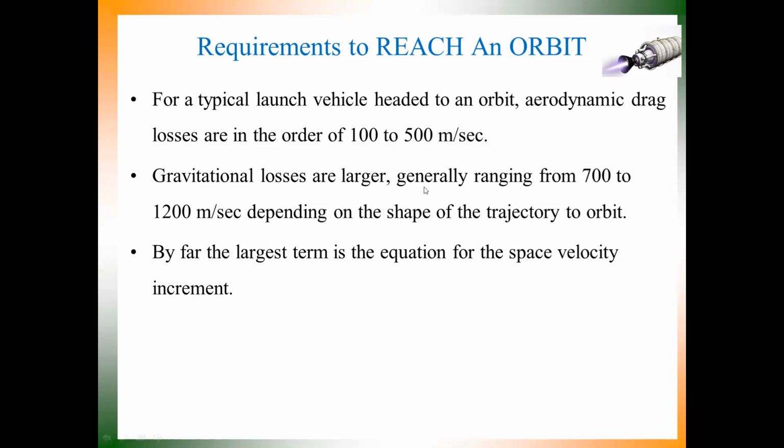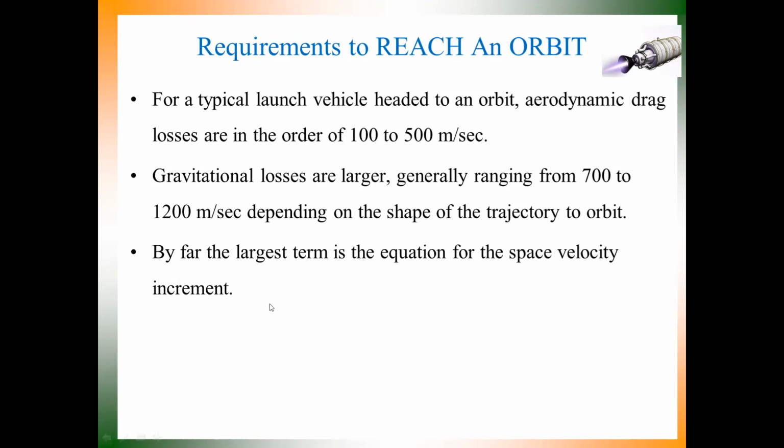Gravitational losses are larger, generally ranging from 700 to 1200 meters per second, depending on the shape of the trajectory to the orbit. This loss should be considered while designing, because both gravity and drag are opposing forces for the motion.